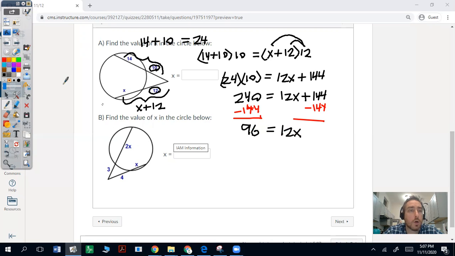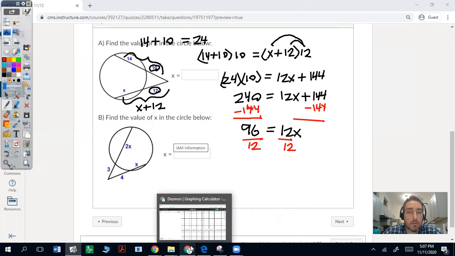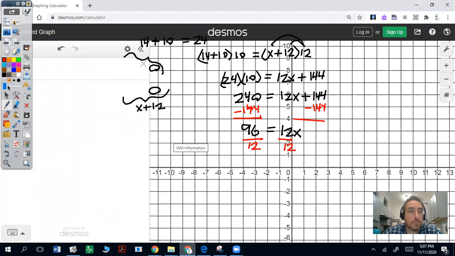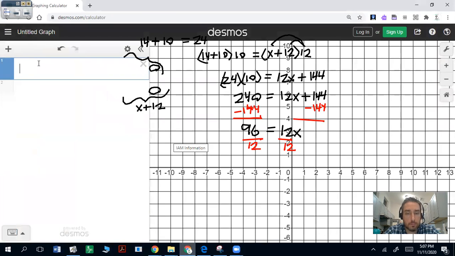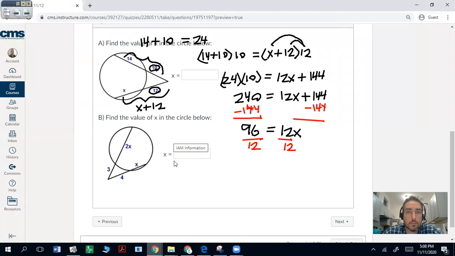And 96 divided by 12 should give you 8. Let's verify that. 96 divided by 12. Never hurts to check that. And that is going to be 8. So your answer to part A is 8.